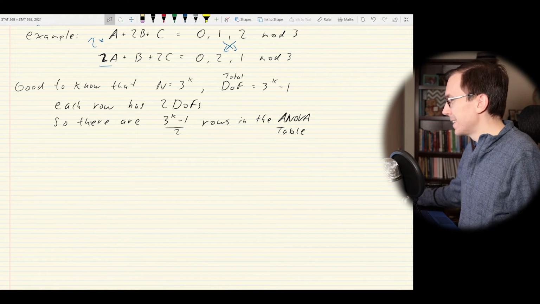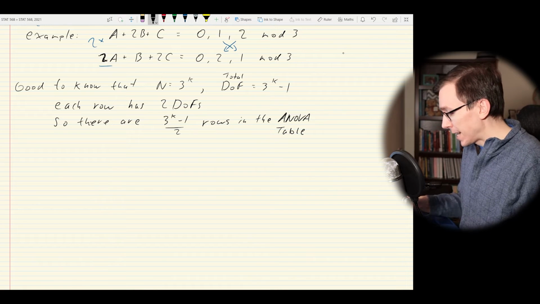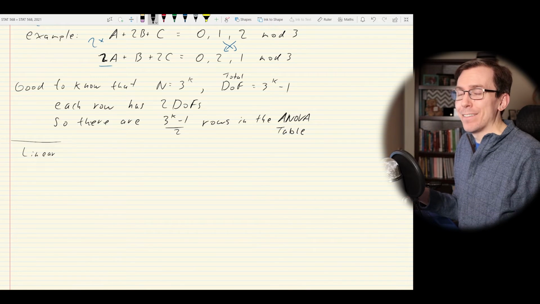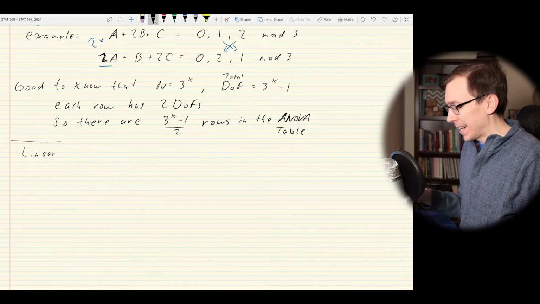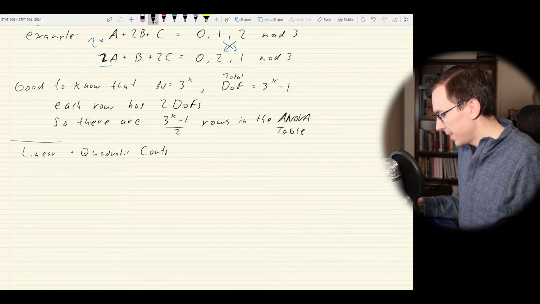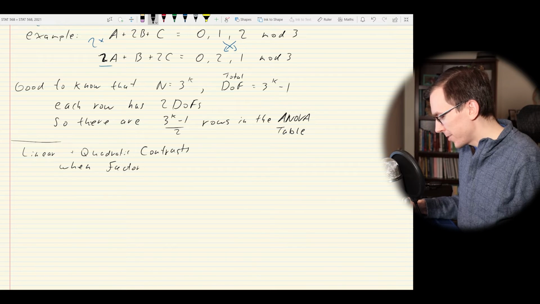Anyway, now we're going to move on to the next section, which is linear and quadratic contrasts, because these things are a lot more interesting if you have ordinal factors. This is when factors are ordinal.